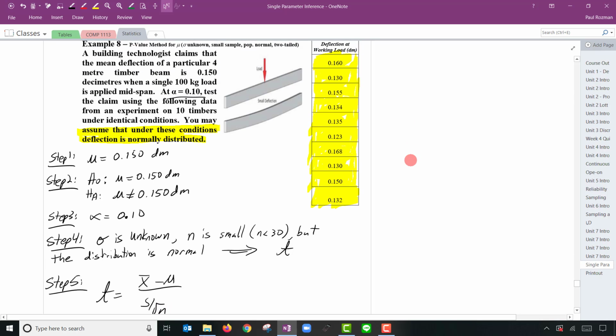In order to do this, now I need to punch these 10 numbers into my calculator. You know, get your calculator into stat mode, or use Excel if you have it. Punch those values in. Our mean turns out to be, from my calculator, I get 0.417.